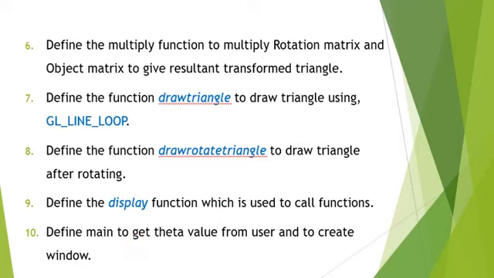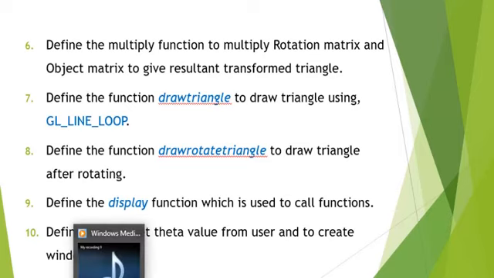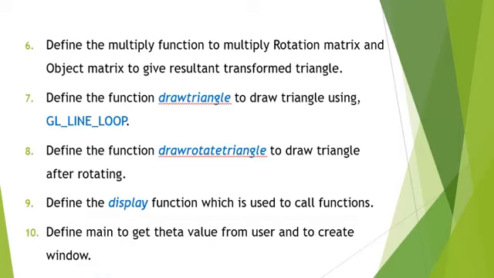Now this is actually the body of the complete program, that is where it is going to start, prompt the user to enter the value of theta, and also ultimately create a window wherein all the other routines will get executed, functions will get called, and drawing the triangle, that is creating a triangle, rotating the triangle on an origin, and rotating the triangle on a fixed point. All the routines, all the functions will be getting executed in our main program.